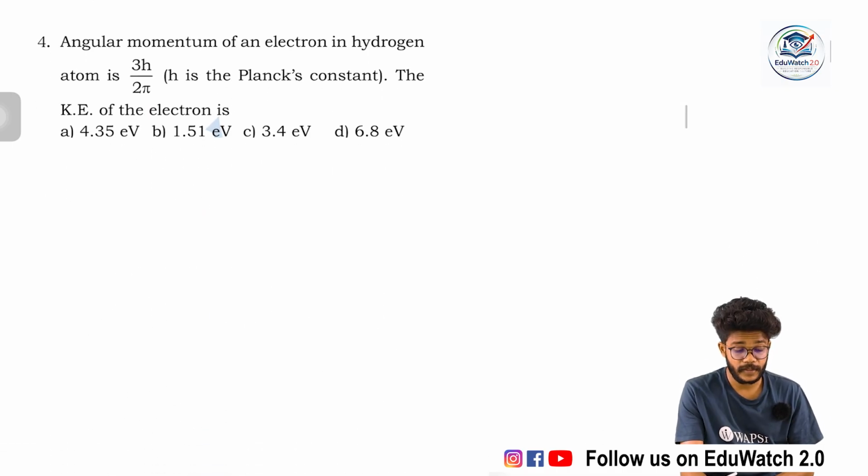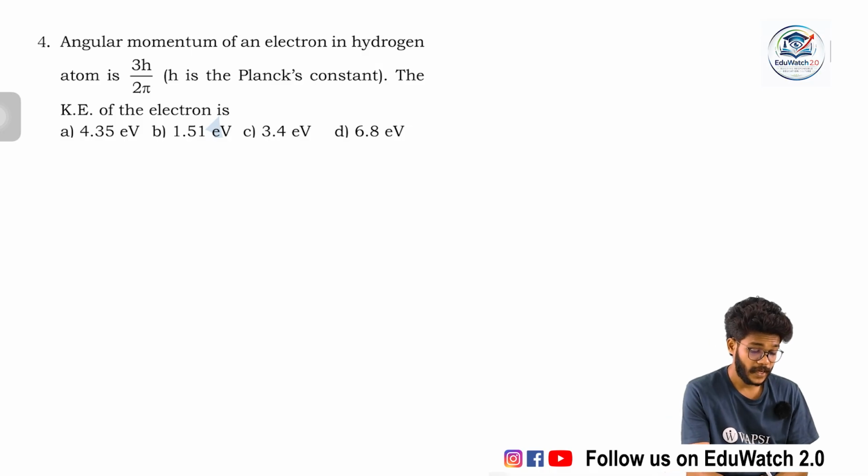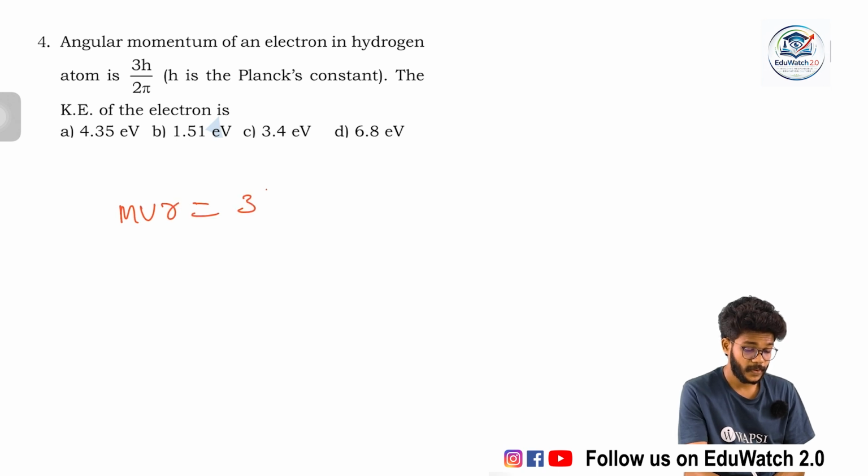The angular momentum of an electron in a hydrogen atom is 3h by 2 pi. The question asks for the kinetic energy of the electron in electron volt. So angular momentum is 3h by 2 pi, therefore mvr equals 3h by 2 pi, and the standard equation is nh by 2 pi.